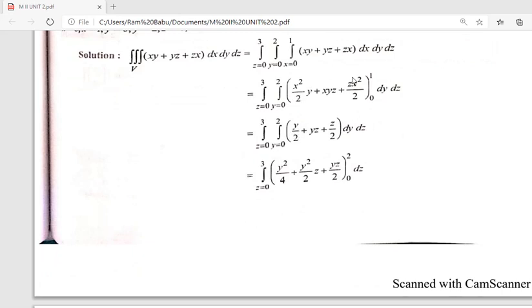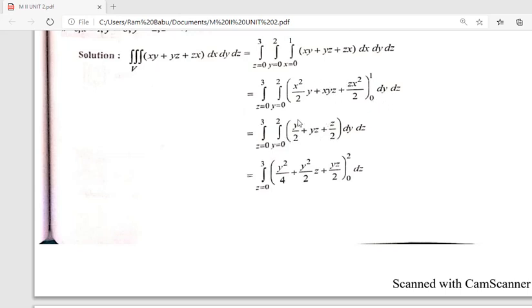After applying the upper limit, replacing x with 1, we get 1 square by 2 into y, that is y by 2, plus 1 into yz, that is yz, plus z into 1 square by 2, that is z by 2, minus, now replace x with 0: 0 square by 2 into y plus 0 into yz plus 0 into z by 2. The total term will become 0 on replacing with 0.